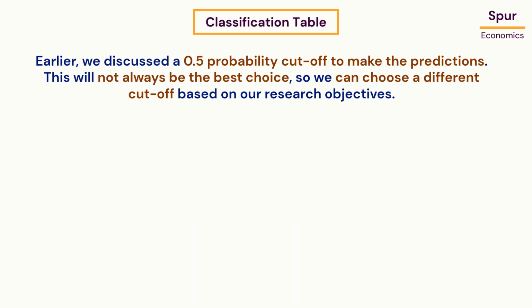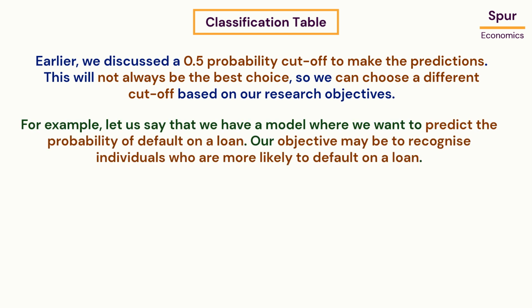Earlier, we discussed a 0.5 probability cutoff to make the predictions. This will not always be the best choice, so we can choose a different cutoff based on our research objectives. For example, let us say that we have a model where we want to predict the probability of default on a loan. Our objective may be to recognize individuals who are more likely to default on a loan.